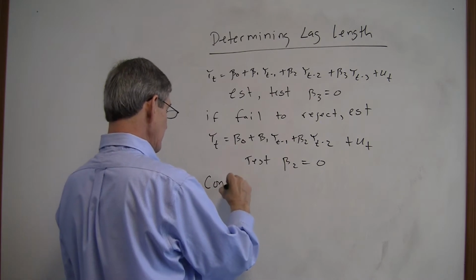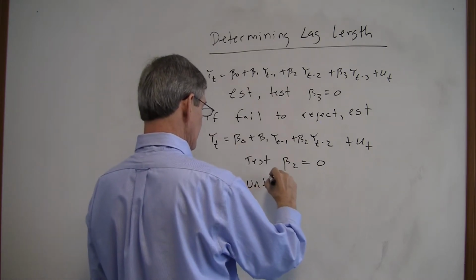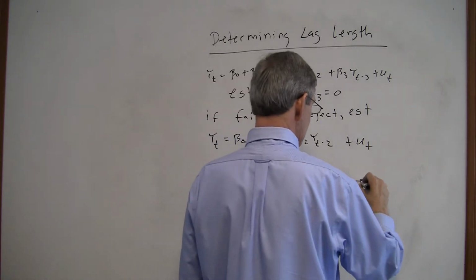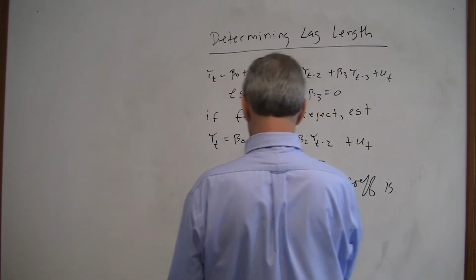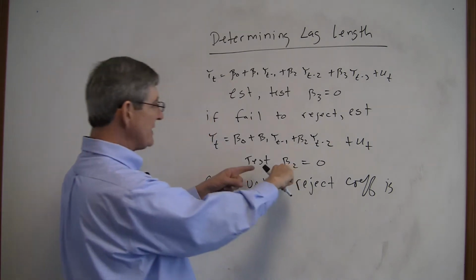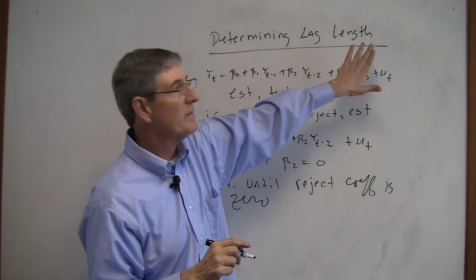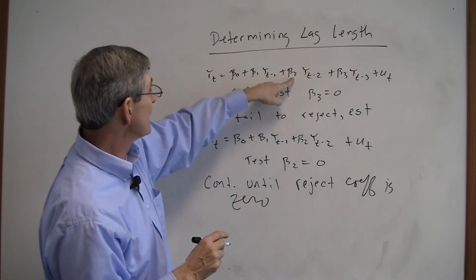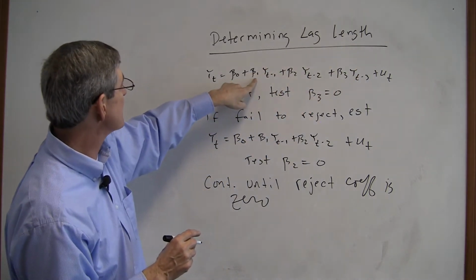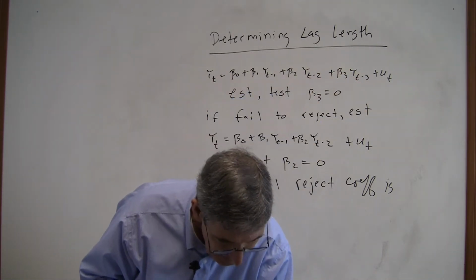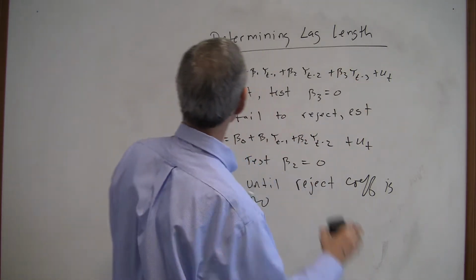And you continue until you reject that the coefficient is 0. So if I rejected that beta 2 equals 0, then I'd want to estimate an AR2. If I didn't reject this with 0, but rejected beta 1 equals 0, then I'd estimate an AR1. So that's the F-test approach.